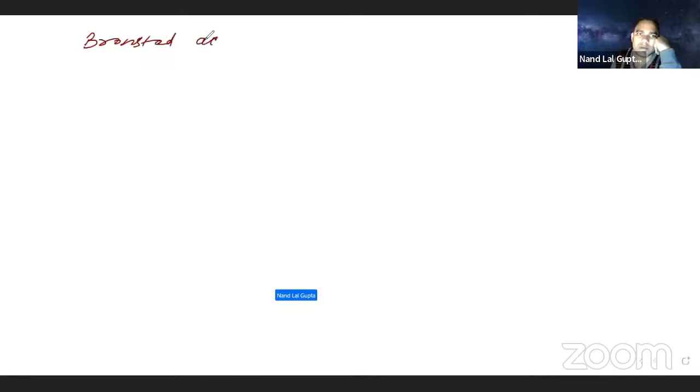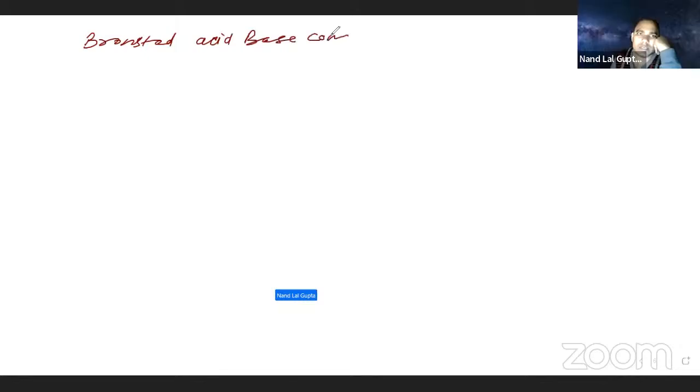Now the next one, Bronsted acid base concept. Can you tell me what is the Bronsted acid base concept?